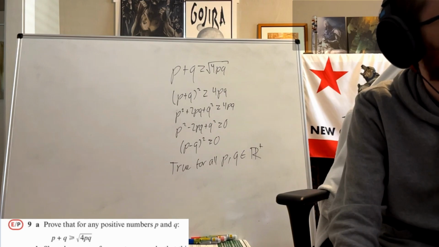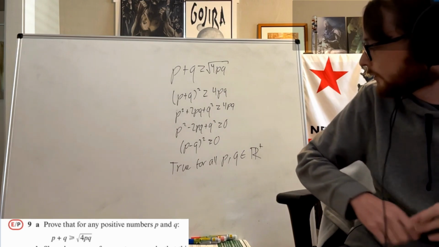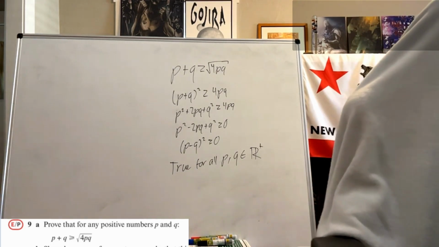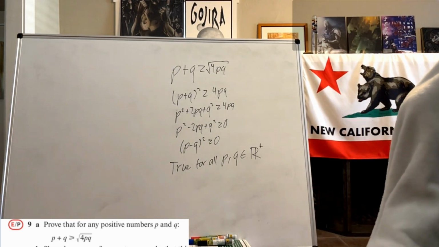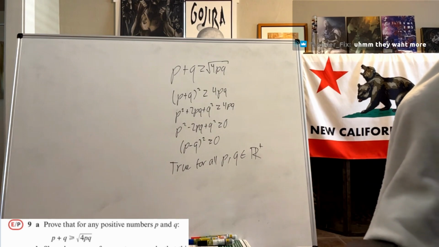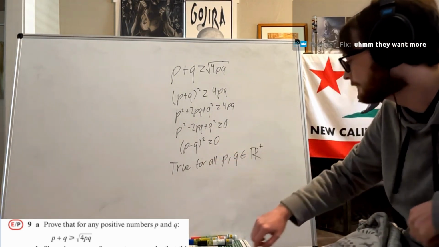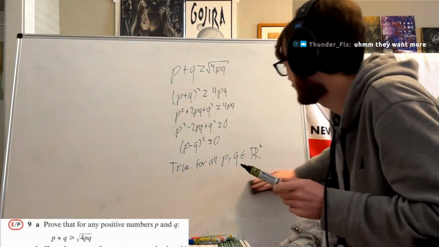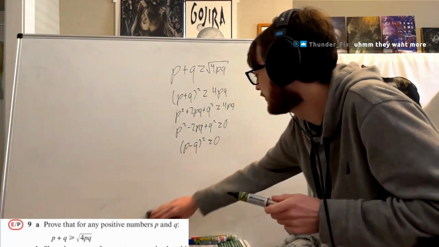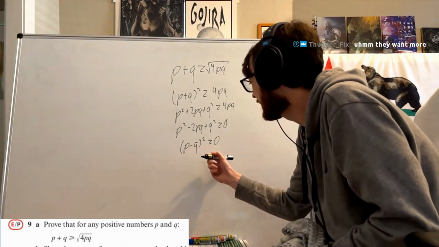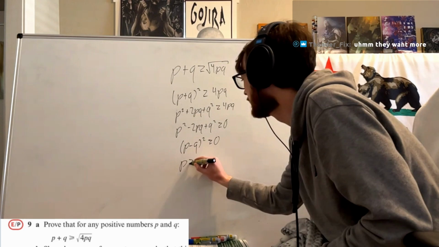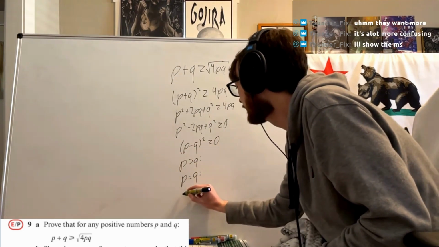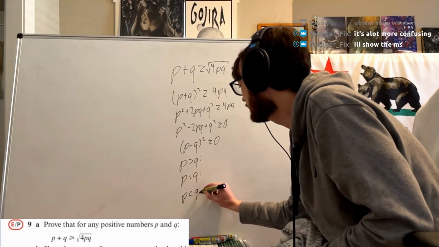So does that make sense, Thunder, or what part were you not comfortable with there? They want more, really? Do they want to actually explain this bit more? I guess we could actually break it down into 3 cases where p is greater than q, p equals q, and p less than q.